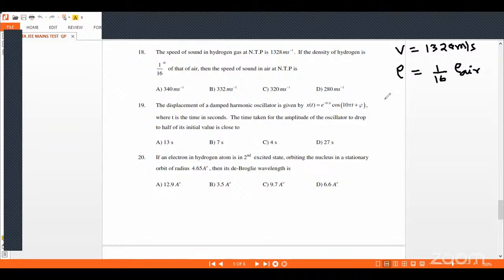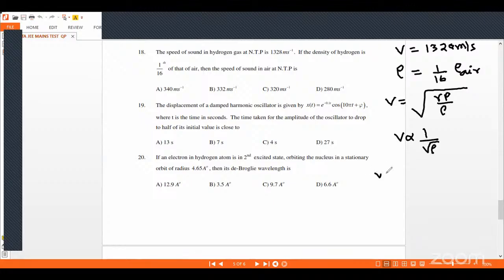Generally, speed of sound we can write as under root gamma p by rho, where gamma is the ratio of specific heats. So speed is inversely proportional to the square root of density.